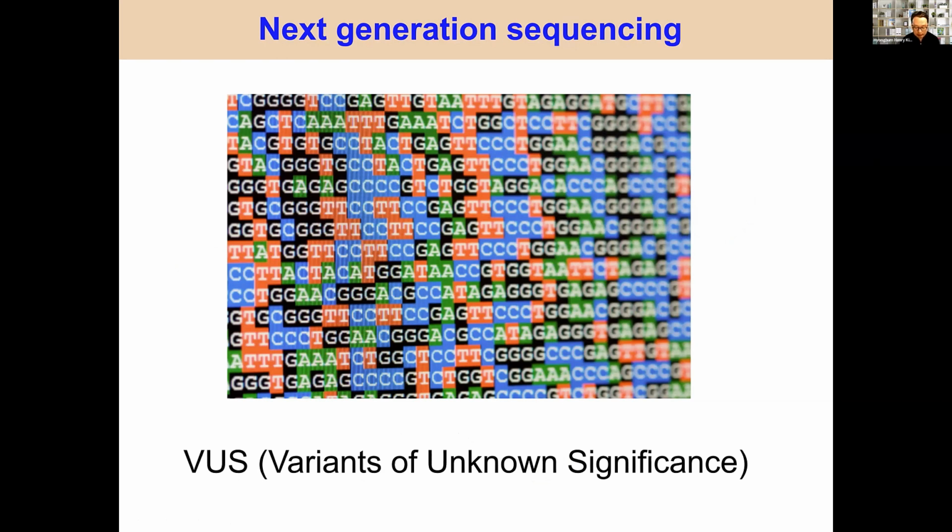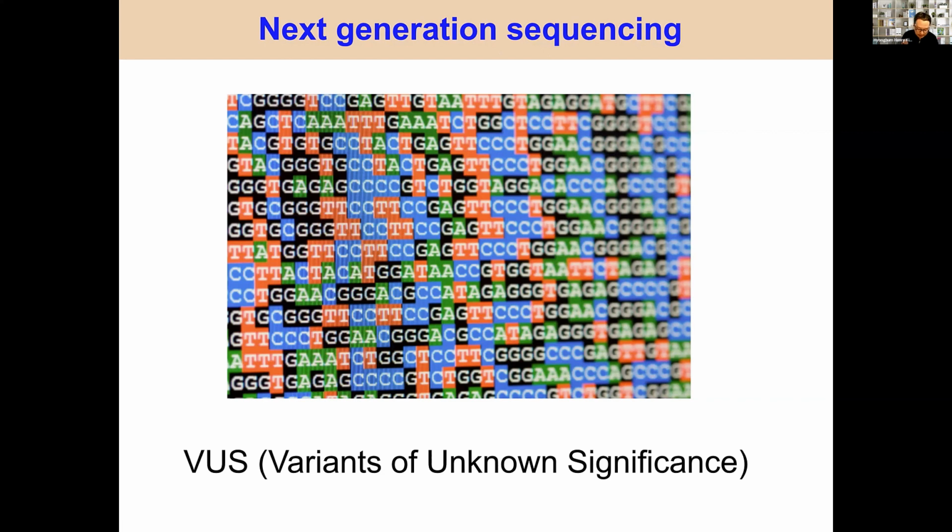Let me switch gears, and I will talk about the functional evaluation of variants of unknown significance. By using next generation sequencing, actually we should change the term. It's already current generation, so we can say current generation sequencing or deep sequencing.